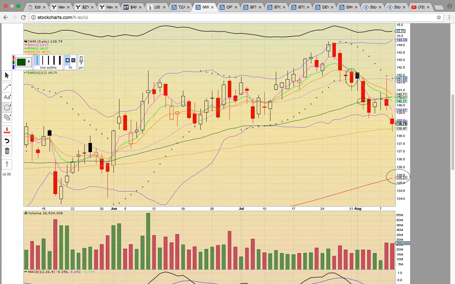Okay, so if resistance breaks for TZA and support breaks for IWM, you could see a bigger pullback for the small caps and a bigger correction for the markets. With the small caps under pressure and lagging, they're down much further than the Dow Jones Industrial Average.